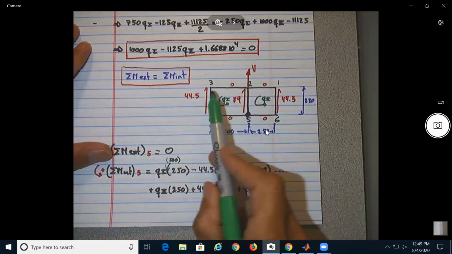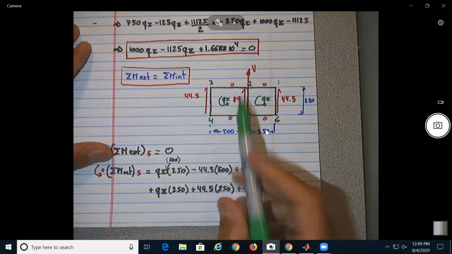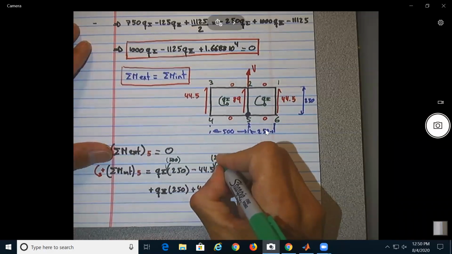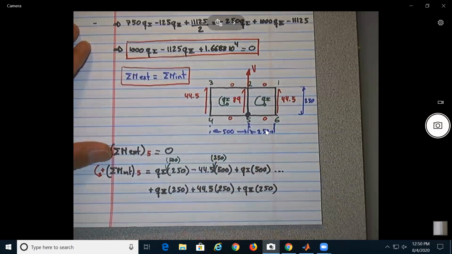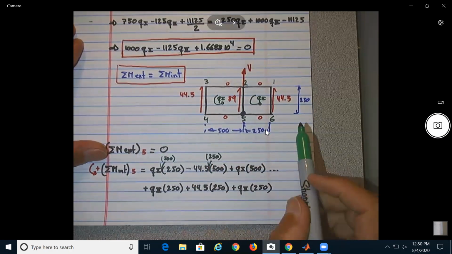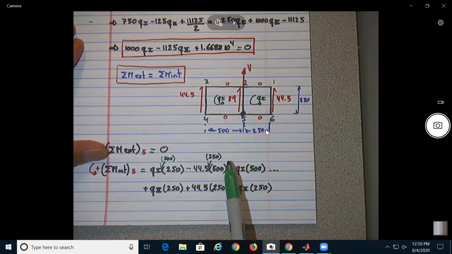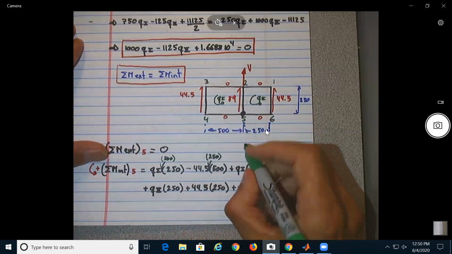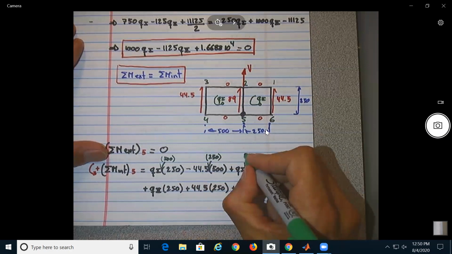Now this one was this 44.5, so we need to multiply here to have the force by 250. Now the Q1 is also the effect of this one going down, so this one should also be multiplied by 250.